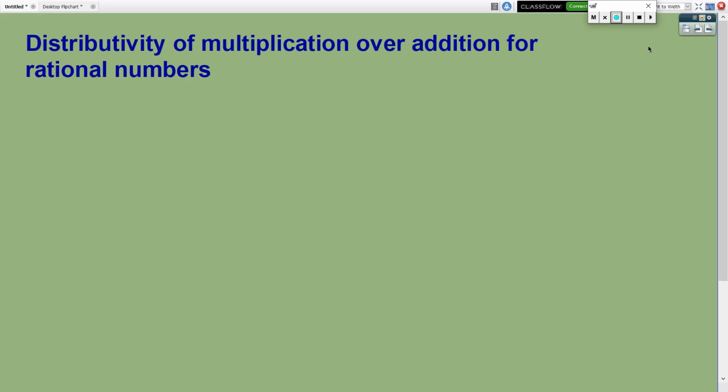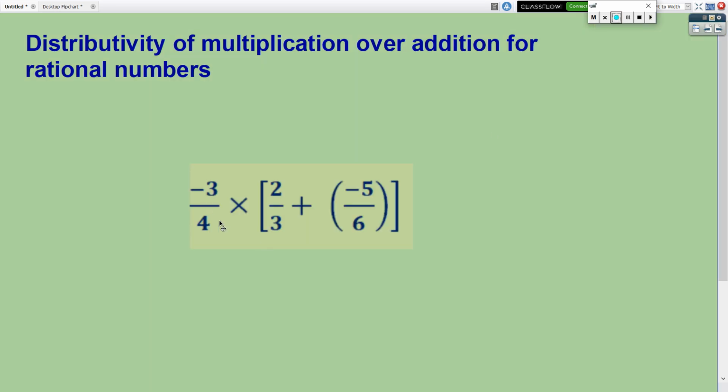Here is a very important property: distributivity of multiplication over addition for rational numbers. I will give you a question. Negative 3 by 4 into 2 by 3 plus negative 5 by 6. How will you do this one?